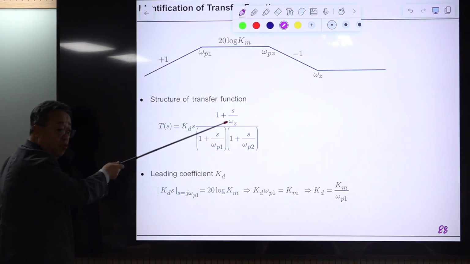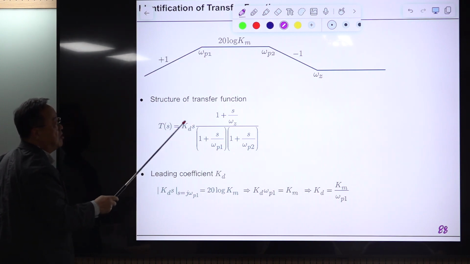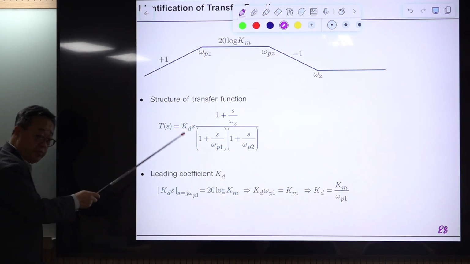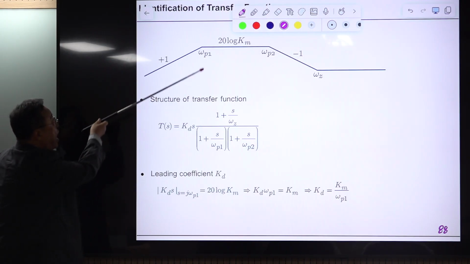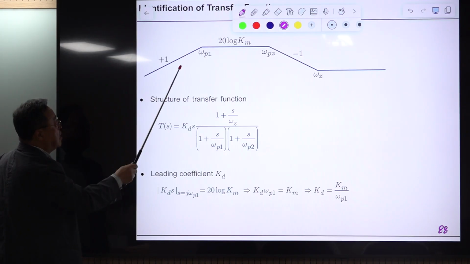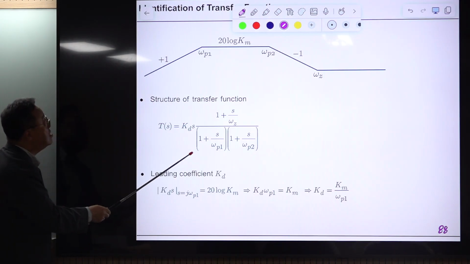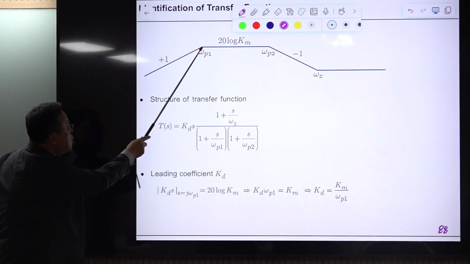So start from the low frequency. It has this differentiation and some gain. That gain is determined in many ways. First, leave the unknown parameters, and you have a pole here.